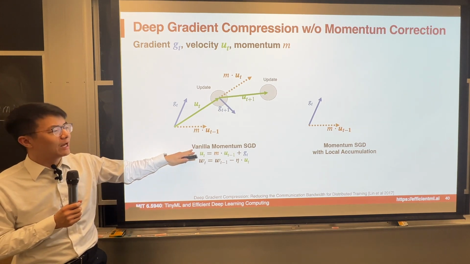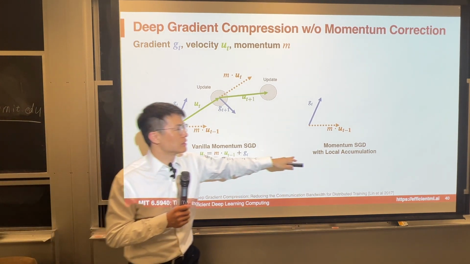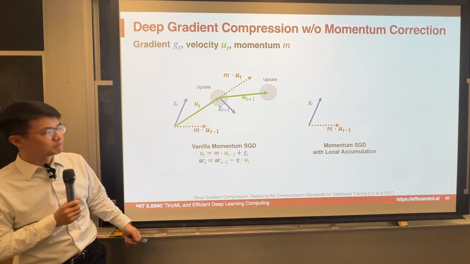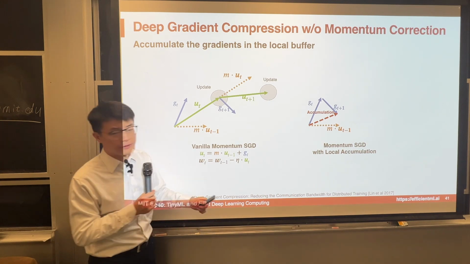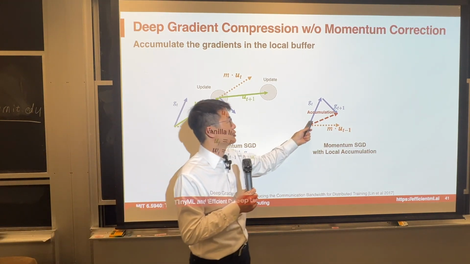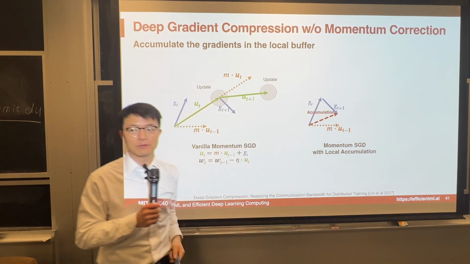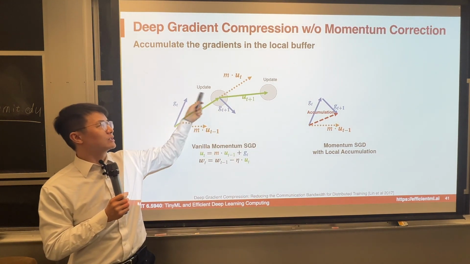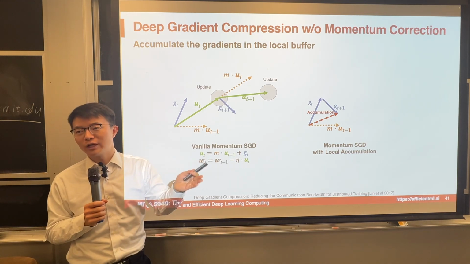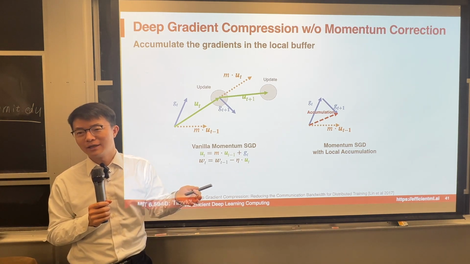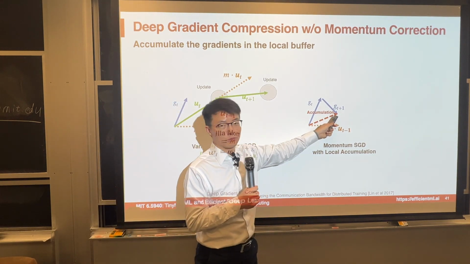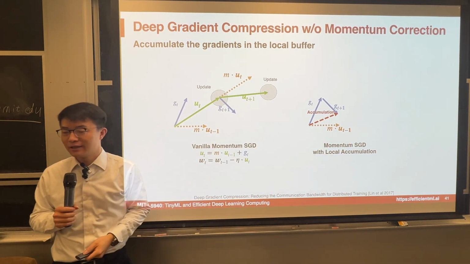This is vanilla momentum SGD, that is, momentum SGD with local accumulation. With local accumulation, we want to accumulate the gradients in the local buffer. So this is gradient T, this is gradient T plus 1, similar to gradient T or gradient T plus 1. If we directly accumulate the gradient, what will happen? The accumulated gradient will be this red arrow.